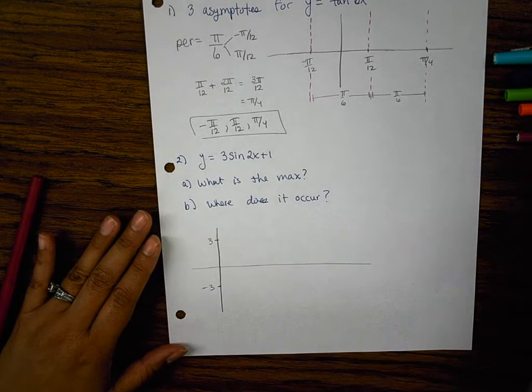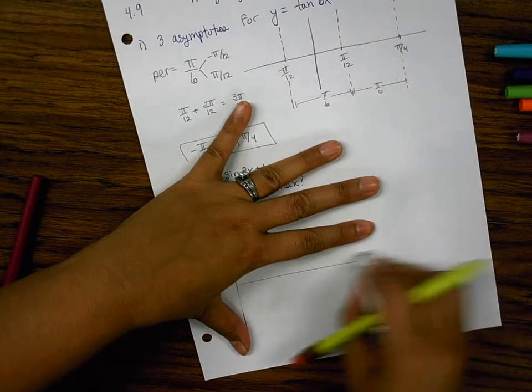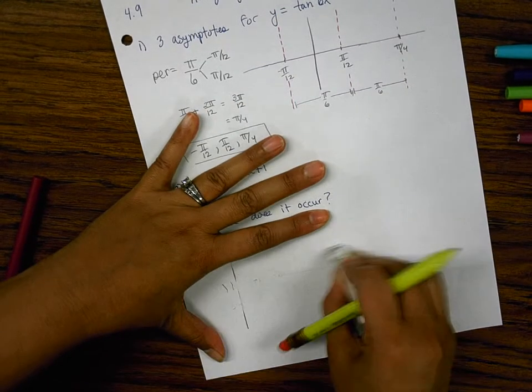So amp is 3, and I'm going to adjust that because there is a vertical shift.